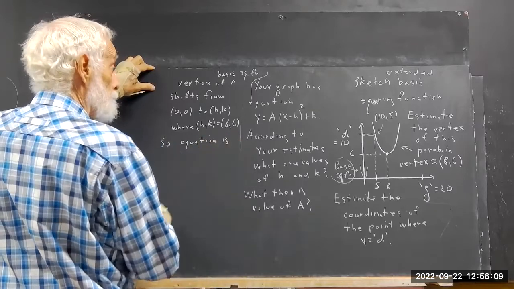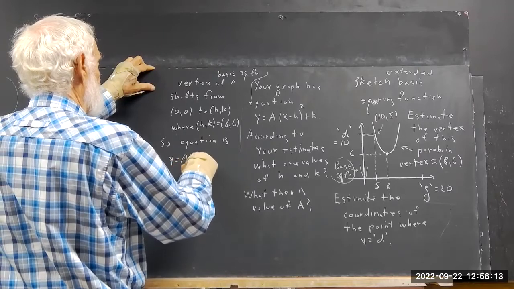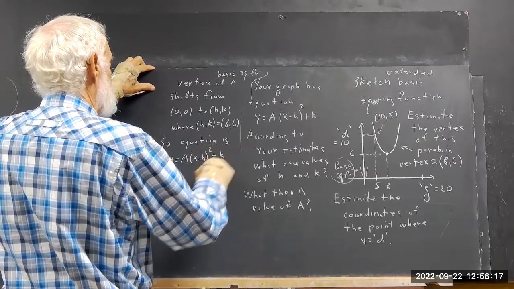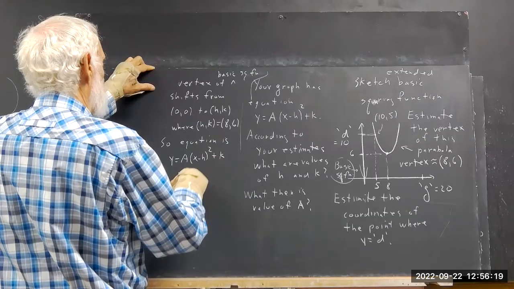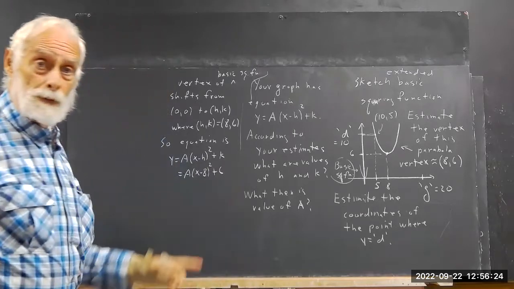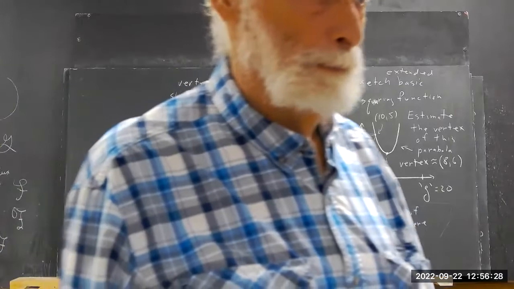The equation is y equals a times (x minus h) squared plus k, which equals a times (x minus 8) squared plus 6. So you've got that much of your equation as soon as you estimate where the vertex goes.